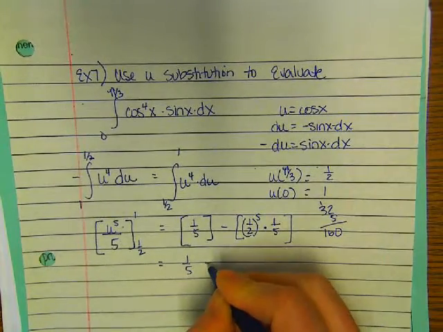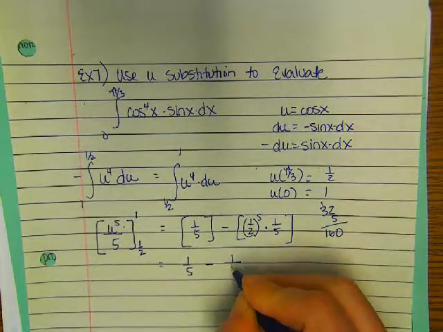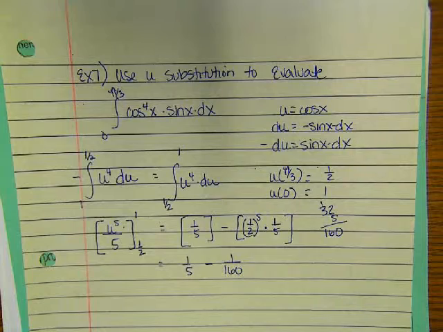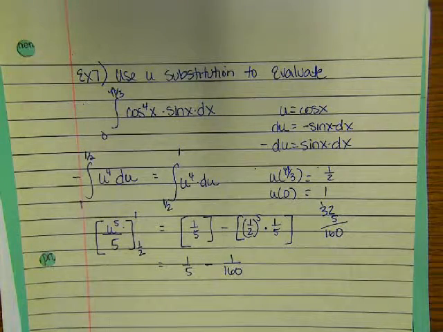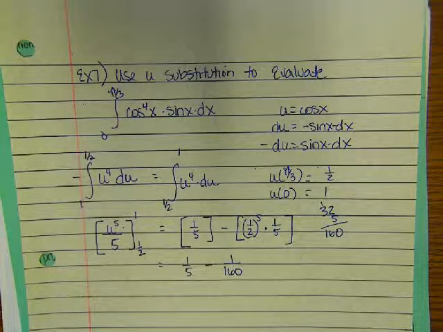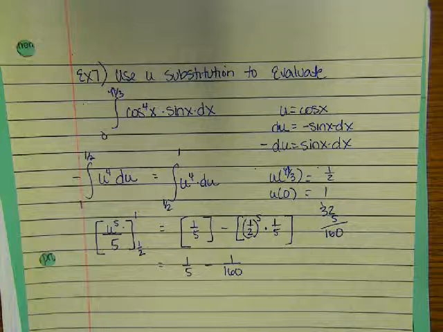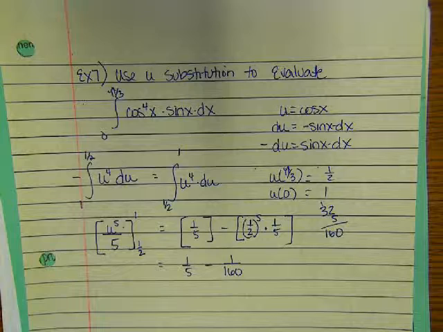Alright, so this is minus 1 over 160. Right. Dividing by 5 is the same as multiplying by the reciprocal, which is 1/5. Instead of putting 1/2 over 5.